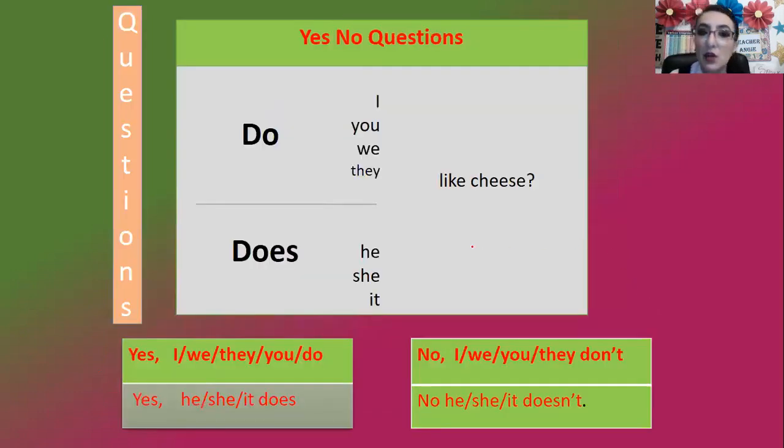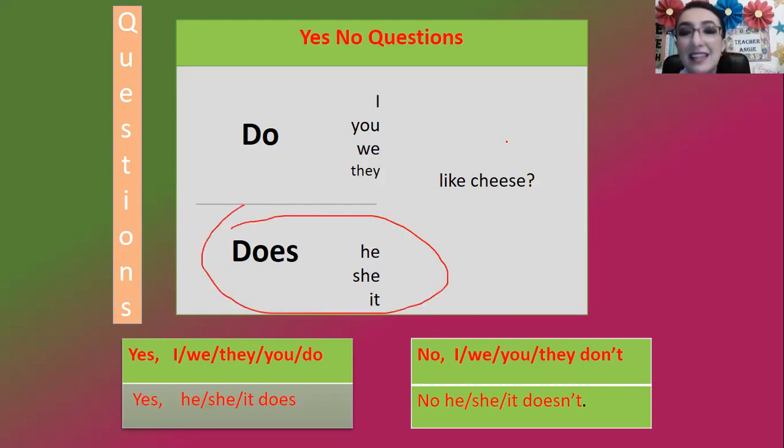Also, when we have questions, remember that we can use only my auxiliary, or you can also use some question words. Do you like cheese? Yes, I do. No, I don't. Yes, she does. No, she doesn't. Sorry, my dog was biting me. Or does with them, okay?